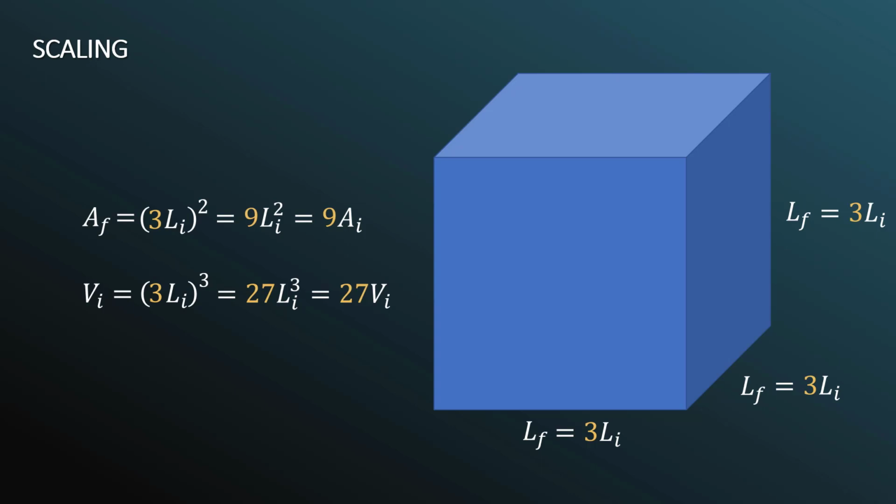Now, why does this matter? Well, as mentioned on the previous slide, if the strength of an object corresponds to the area and the weight corresponds to the volume, we can see here that the weight increases more rapidly than strength for a proportional increase in dimension. So the bigger something gets, the more difficult it will be for that thing to support itself because its weight increases faster than its own strength.